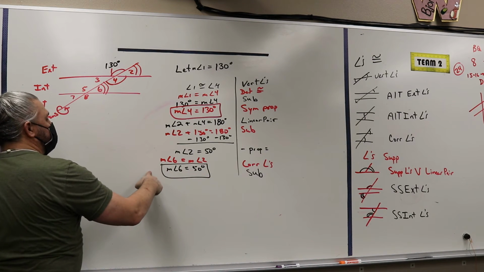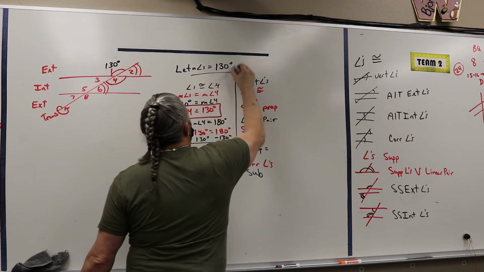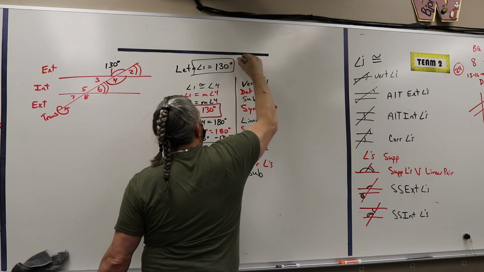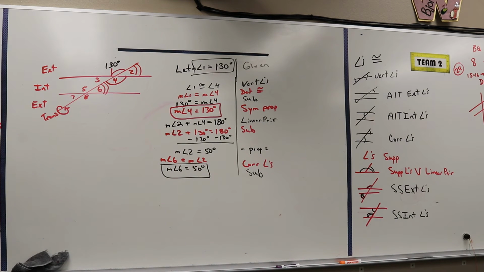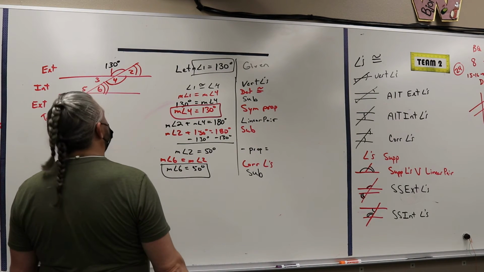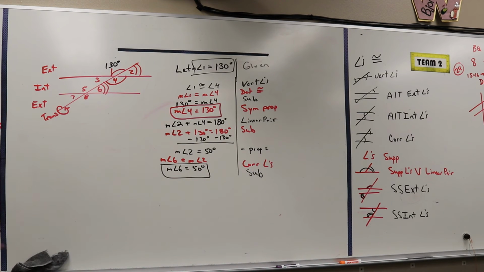So we have 6. We have 4. We have 1. 1 was what? 130. Given, right? So 1 was given. We found angle 4. We found angle 2. We found angle 6, and we're about to find angle 3, right? What's angle 3?